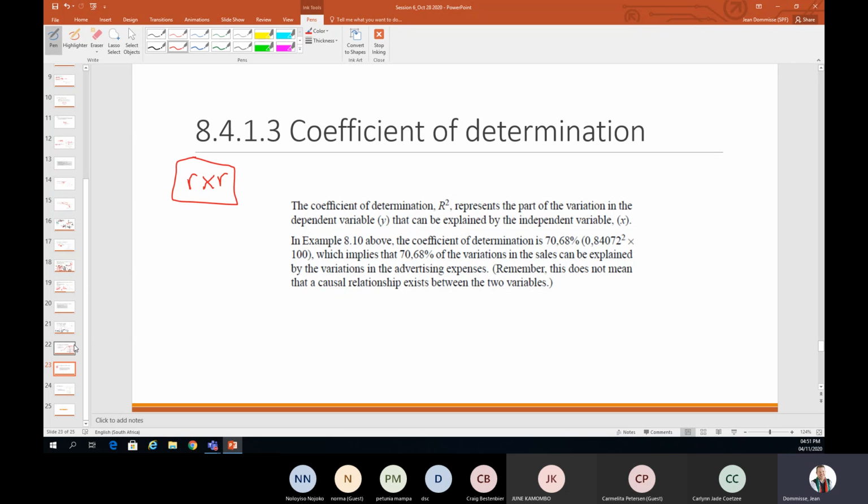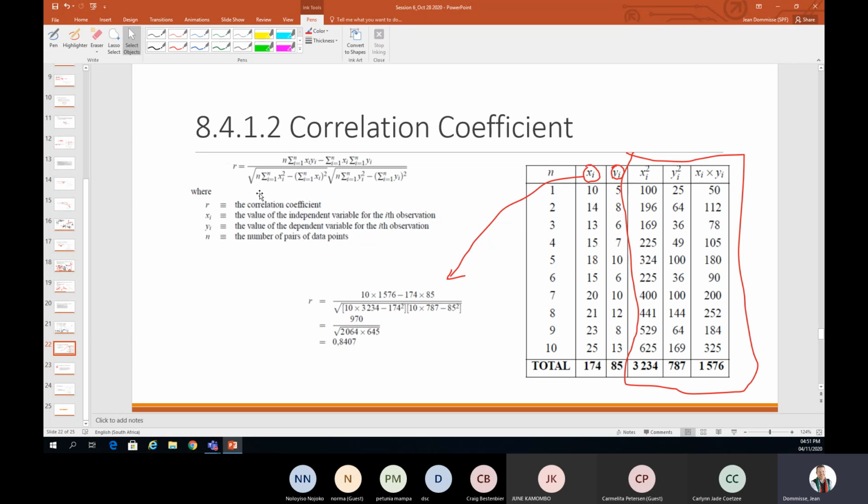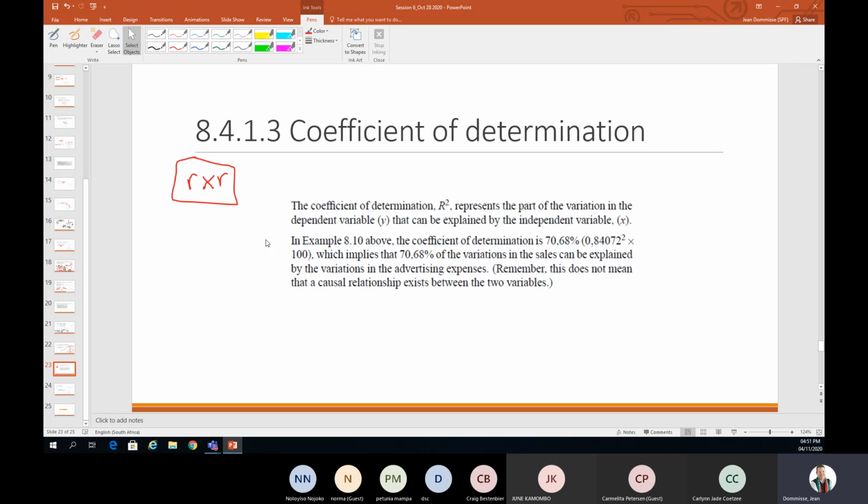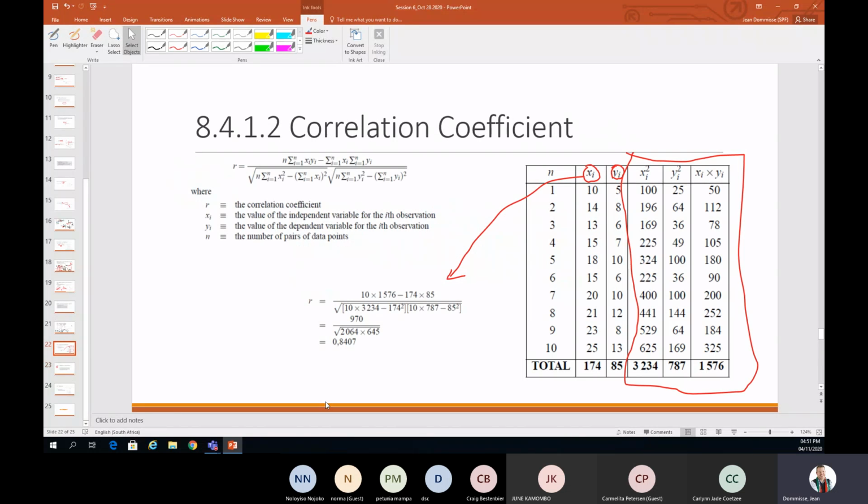So if we needed to calculate the coefficient of determination for this example, we would have said 0.8407 times 0.8407, and that would have given me 0.7068. Okay, so that would have been your R square if we needed to work it out.